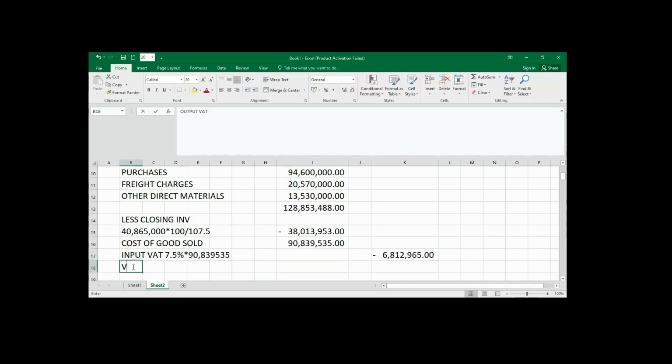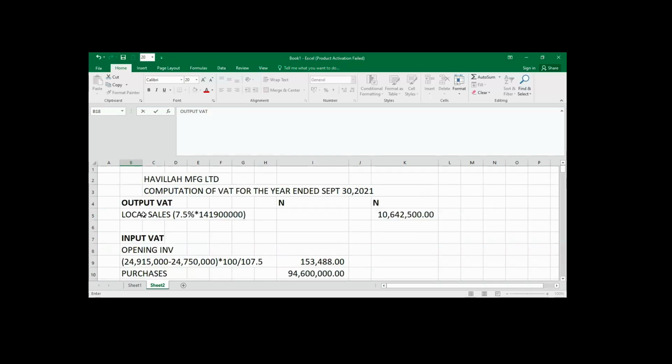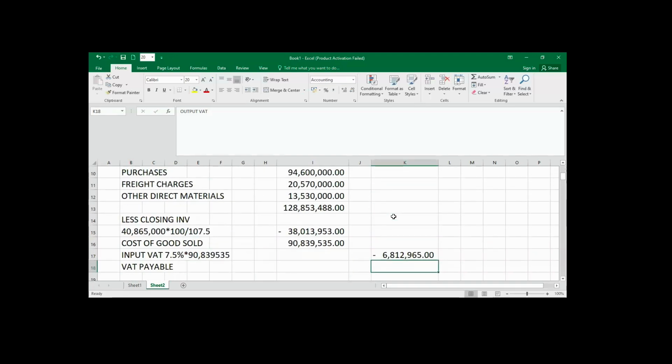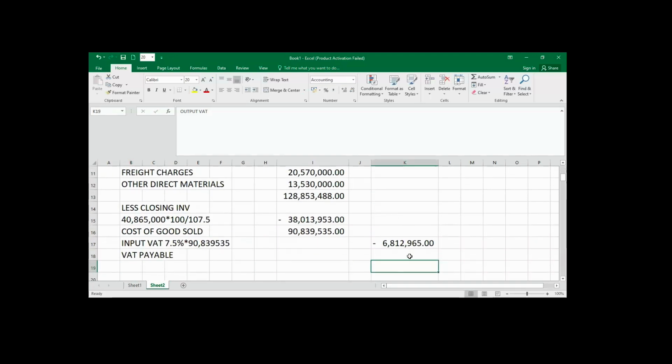The resulting figure will give us what is called VAT payable. We have the output VAT to be 10,642,500, minus this will give us VAT payable.